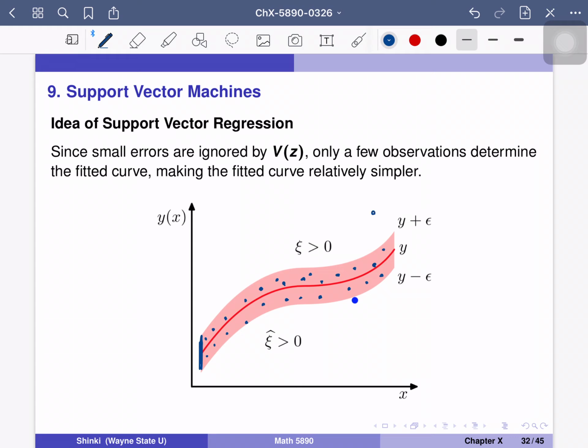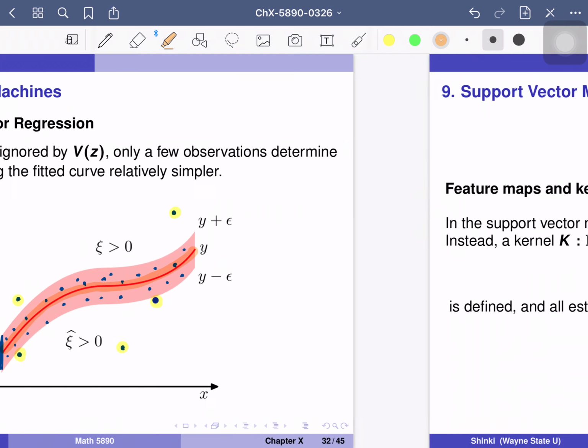But if we have larger error, such as here or here or here or here, these count. So a relatively small number of observations determine this fitted line. That makes this curve simpler than more data-oriented methods such as local regression. So this is the idea of support vector regression.